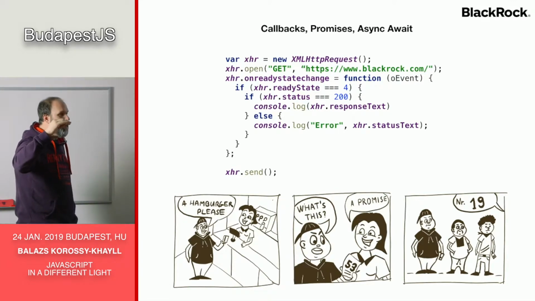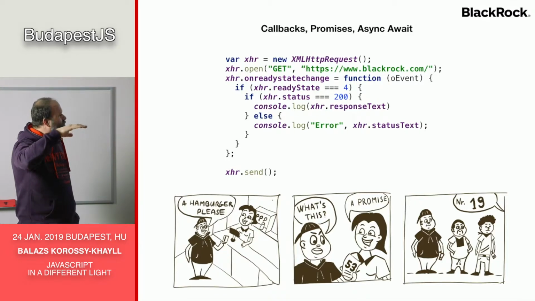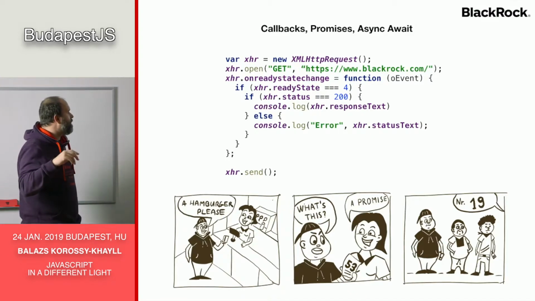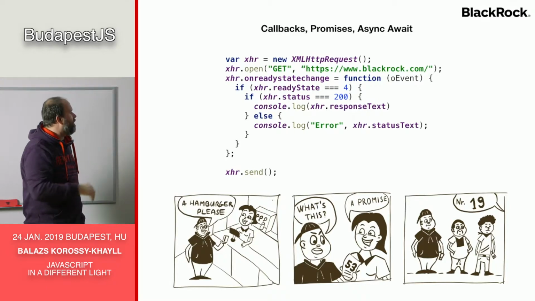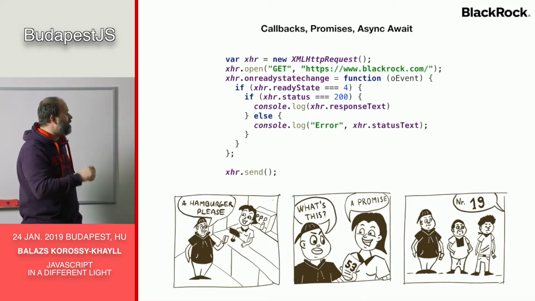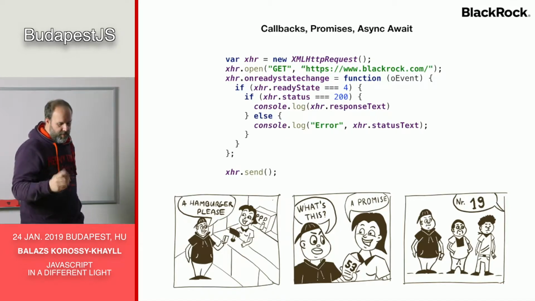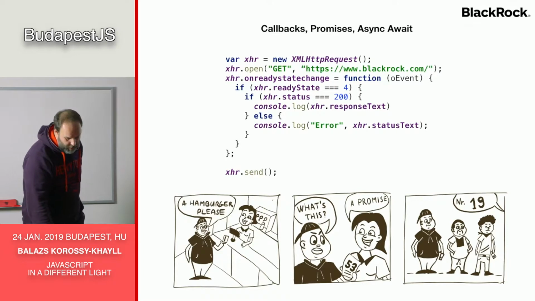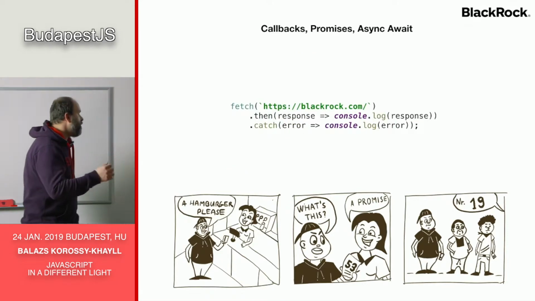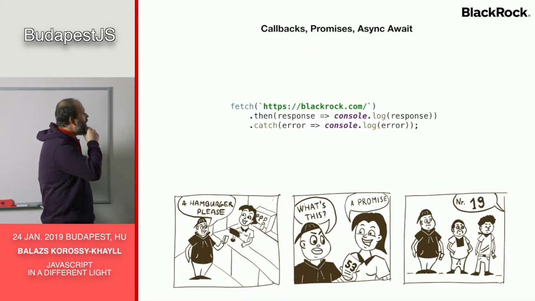But if you have many asynchronous tasks that I chain together, then of course you will get this thing called callback hell, which is just many functions referencing each other, and it's hard to follow, and we don't like it. So then came promises, which is much friendlier.